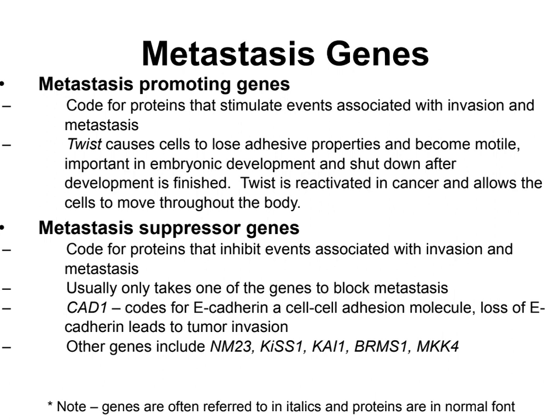This codes for an E-cadherin protein. This is a cell-cell adhesion molecule, and loss of E-cadherin can lead to tumor invasion. There's a whole host of other genes that are being studied, but the idea is that if the normal function is to suppress invasion and metastasis, and you lose that gene, then that cell has increased ability to invade and metastasize.